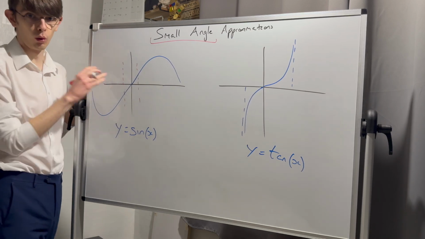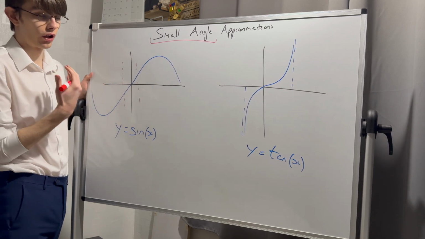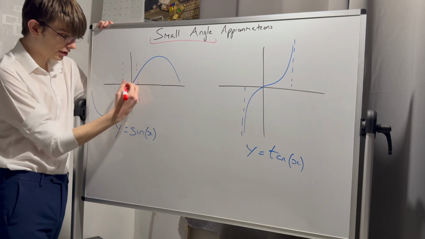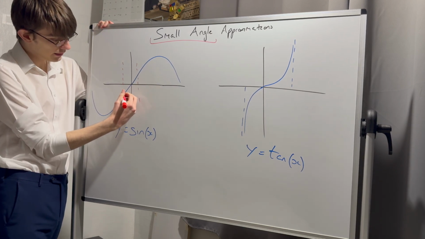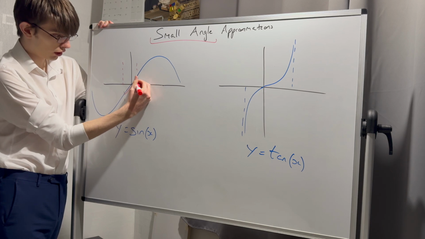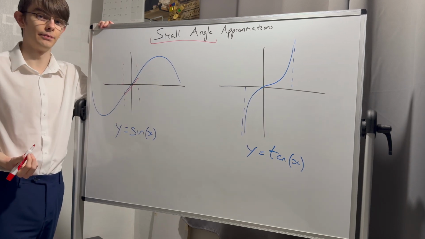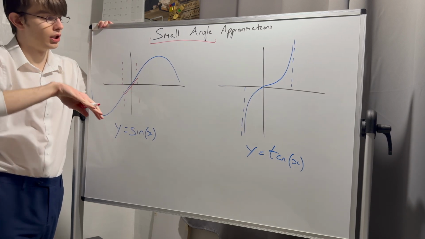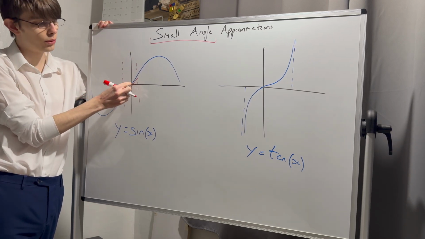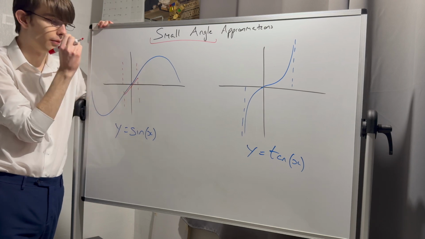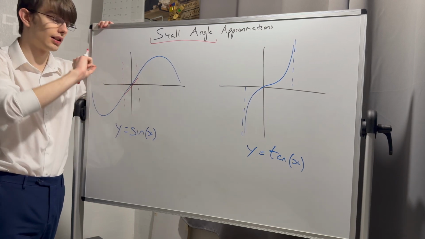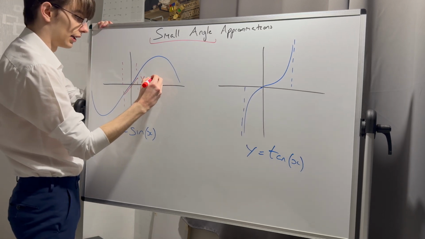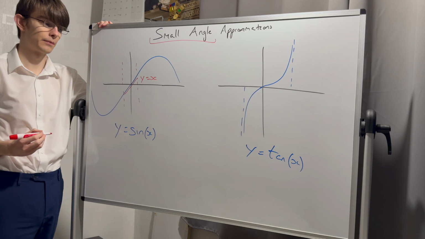If I look at this poorly drawn sine graph, or if I look on Desmos, what I notice is that inside this boundary here, this almost looks like a straight line, just drawn underneath it. Almost. If we zoomed in, we would see it was a little bit curvy. But the closer and closer we get to the origin, the more and more this looks like a perfectly straight line through the origin, or a y equals x graph.